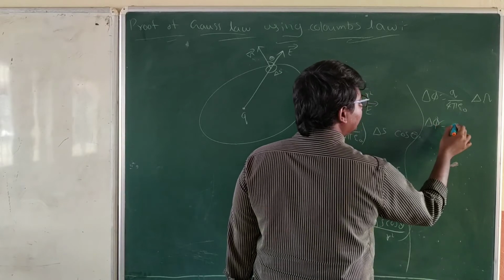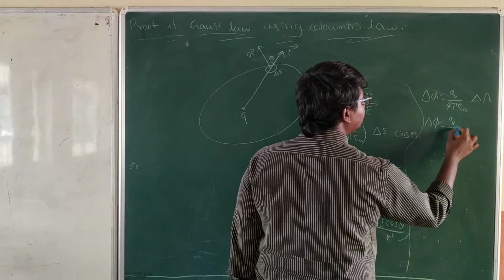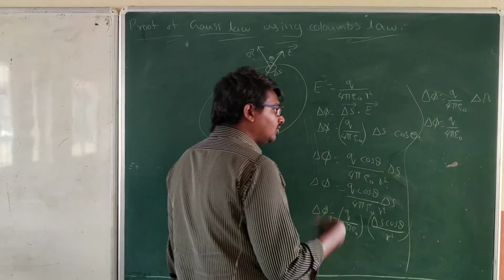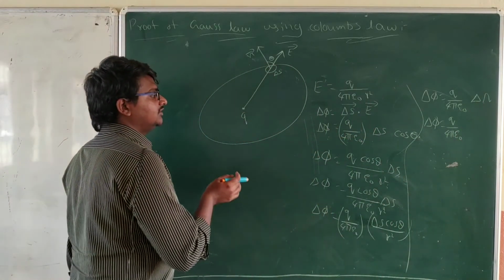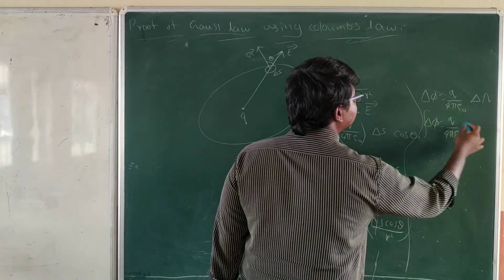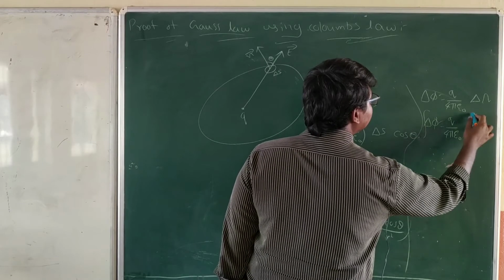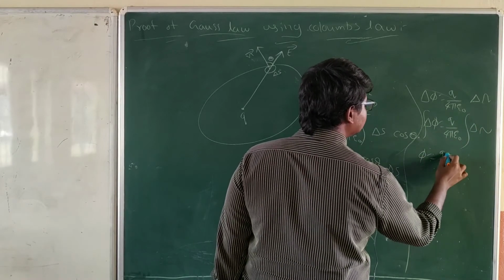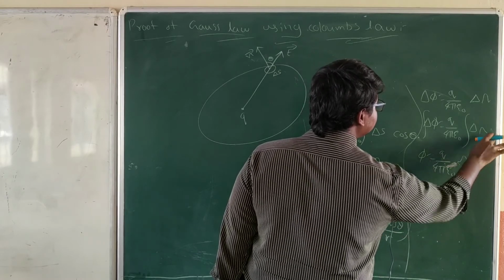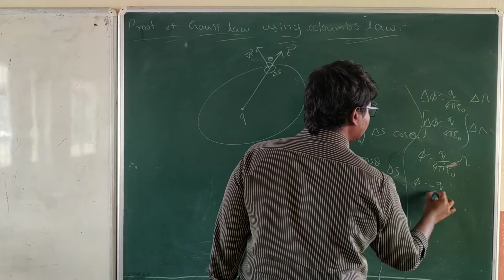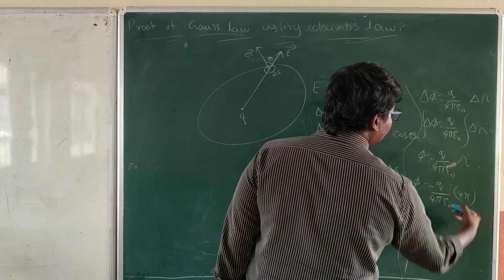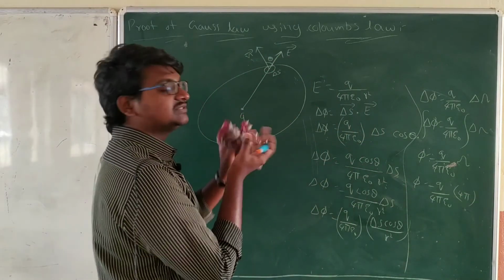Next, delta phi is equal to Q by 4 pi epsilon naught into delta omega. If we integrate on both sides, phi is equal to Q by 4 pi epsilon naught into omega. Phi is equal to Q by 4 pi epsilon naught into 4 pi, because omega is equal to 4 pi for a complete sphere, right?